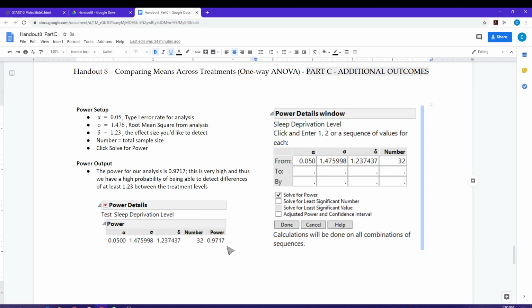This power here is a probability value that is between 0 and 1. It's very close to 1. That means I have a very high probability of being able to detect a difference of at least 1.23 across my treatment level comparisons. And we were able to detect two different ones. Again, they were 12 against 30 and 18 against 30.